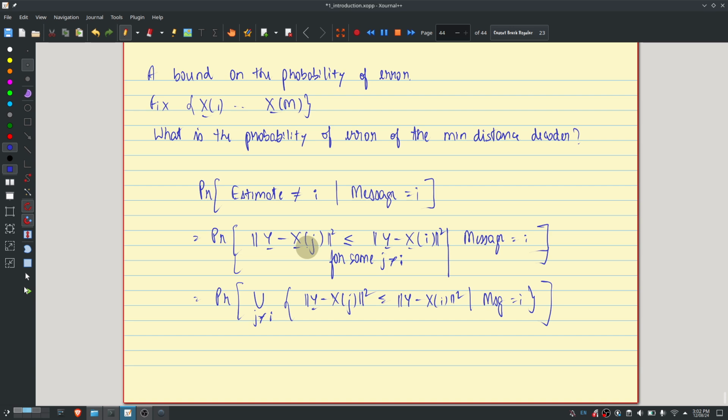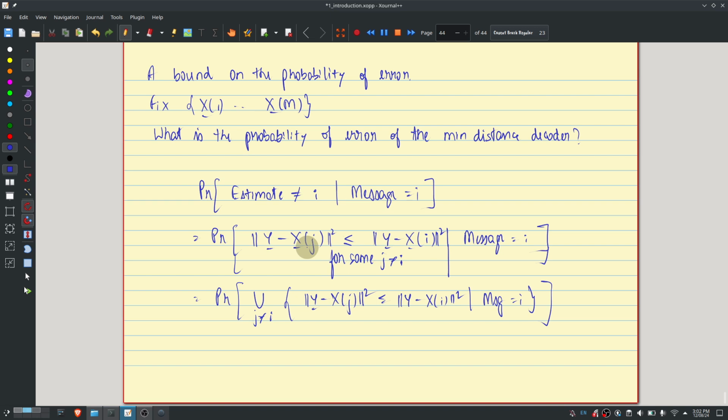So this is an event, right? Only the encoder knows that the transmitted message was I. The decoder doesn't know which message was transmitted. So this is assuming that I was transmitted. In fact, what we want to see is, for any transmitted message, we want such a bound.